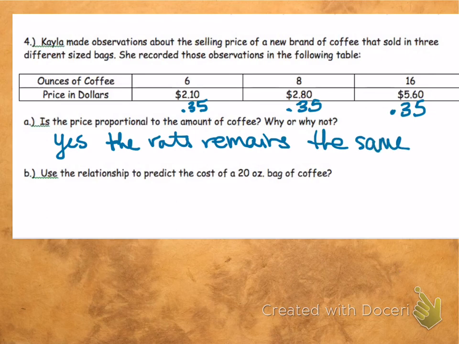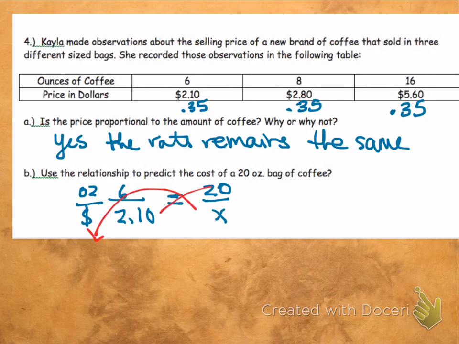And then we can use that relationship to predict the cost of a 20-ounce bag of coffee. So again, it's looking proportional. I'm just going to take that first relationship of 6 ounces for $2.10, and what is that equal to? I'm looking for 20 ounces, and so my unknown is the cost for that 20 ounces. I can use proportions to solve that.